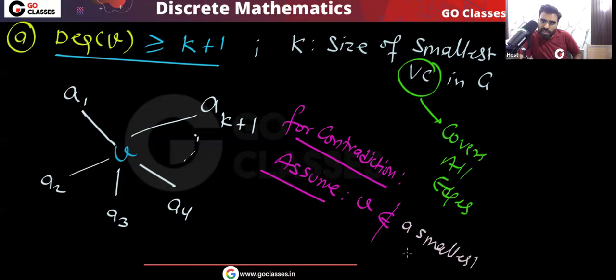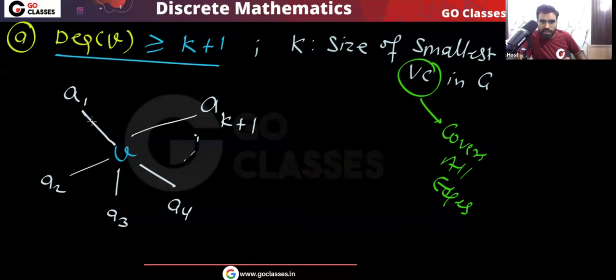Now, what will happen? It means there is a vertex cover S which is smallest and V does not belong to it.